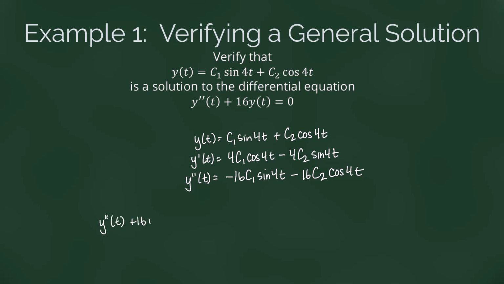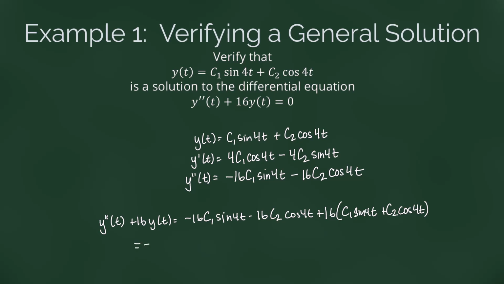becomes negative 16c1 times the sine of 4t minus 16c2 times the cosine of 4t plus 16 times y of t, which is c1 times sine of 4t, plus c2 times the cosine of 4t. So hopefully you can see what's going to happen.